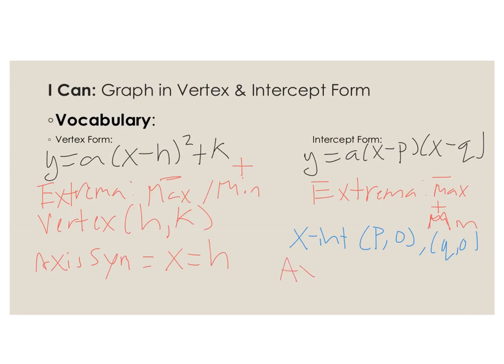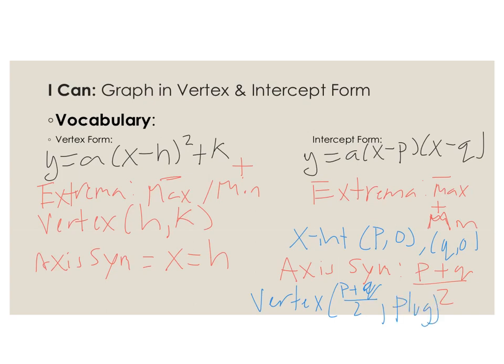The axis of symmetry has a little formula similar to negative b over 2a, but instead it is p plus q divided by 2. And similar to standard form, for the vertex, you can use the axis of symmetry, p plus q divided by 2, for the x value. To find the y value, plug in.